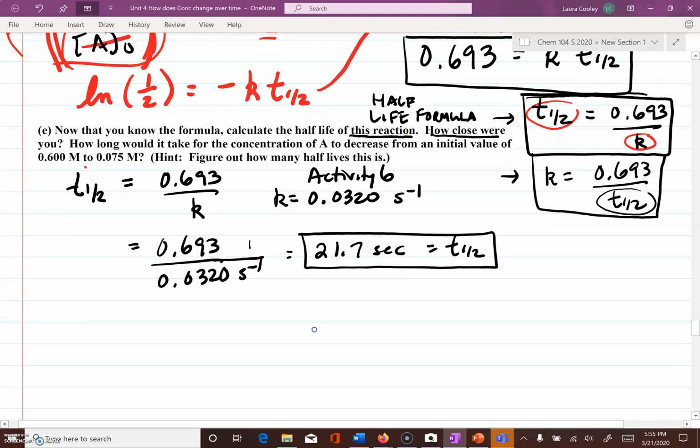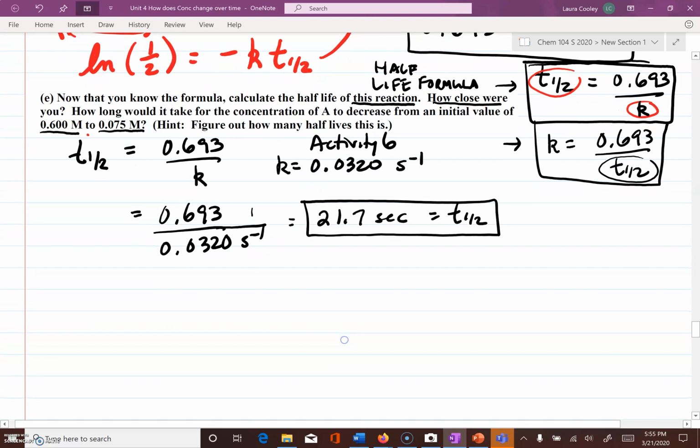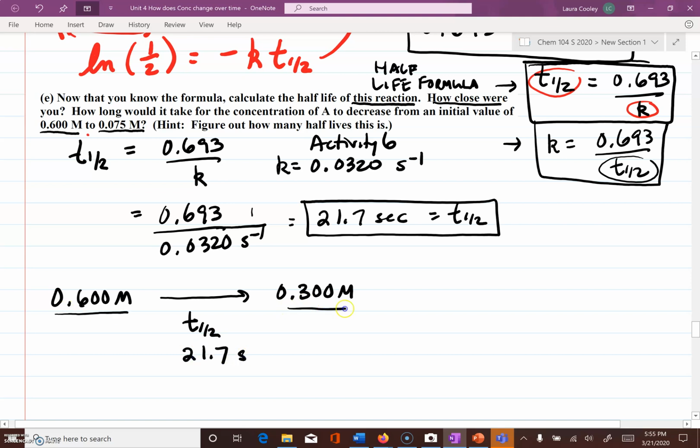Now it says, how long would it take for the concentration of A to decrease from 0.6 to 0.075 molar? And it says to figure out how many half-lives this is. So what you need to remember is every time the concentration decreases by half, it means a half-life has passed. So in 21.7 seconds, it'll go from 0.6 to 0.3 molar.